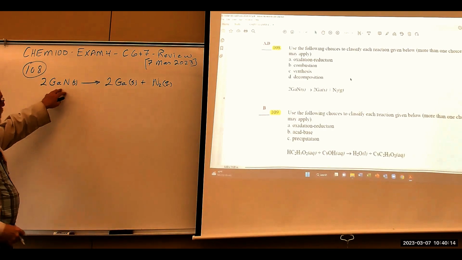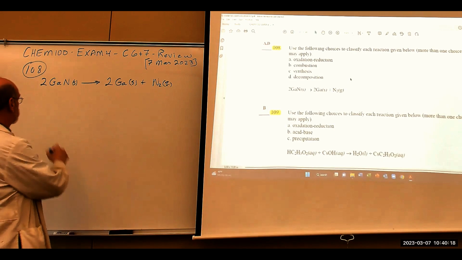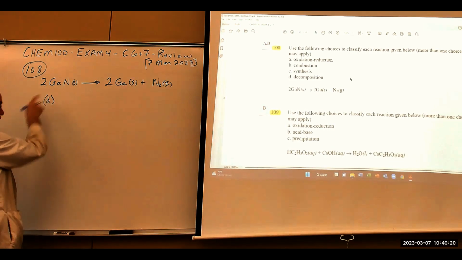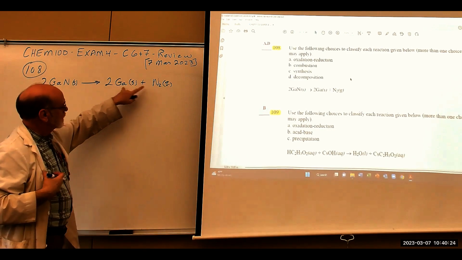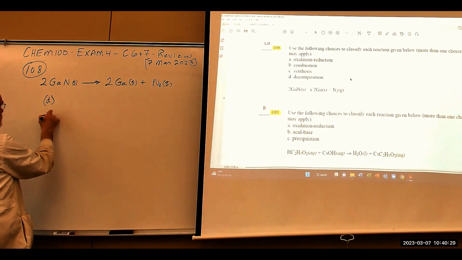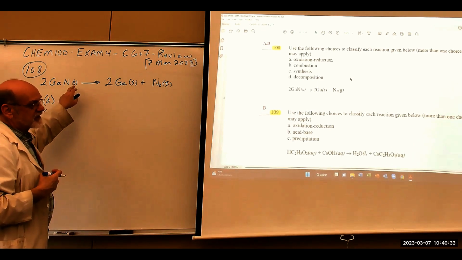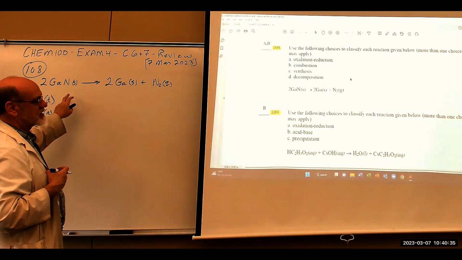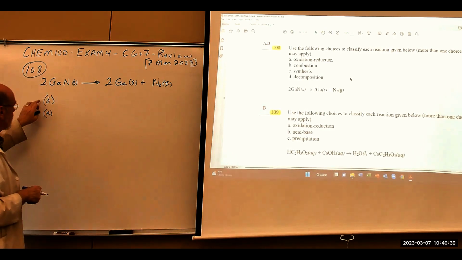Okay. What we have here is a decomposition. Is that there? Yeah, D. Notice also element compound. This is a redox reaction. Oxidation reduction. It can't be a synthesis. It's a decomposition. It's not a combustion. There's no oxygen there. So these are the only two, A and D.